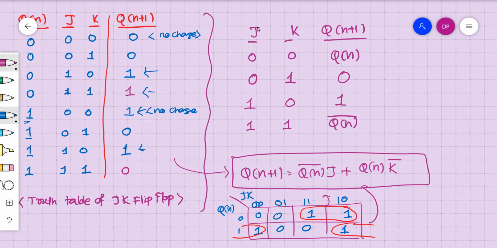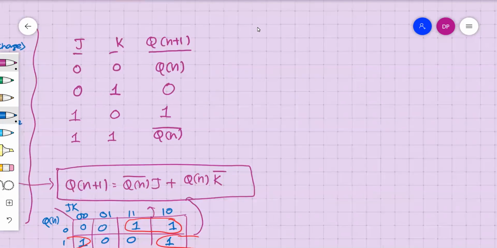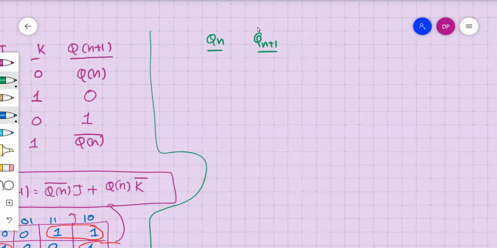Right. So if you would like to make the excitation table, how can we make it? Let's say we'll make it over here. So Qn, Qn plus 1. What is the value of J and K?